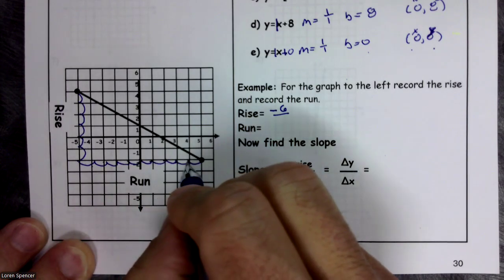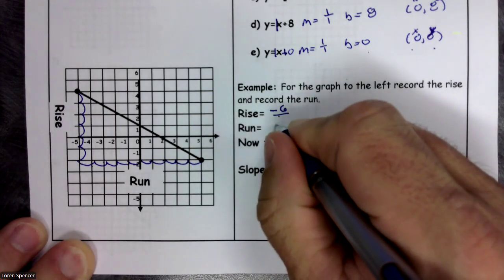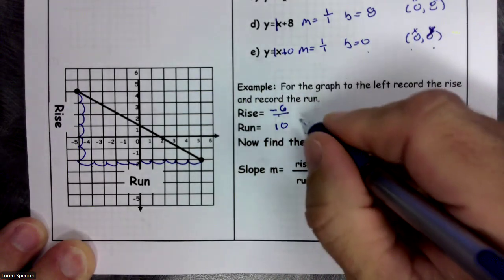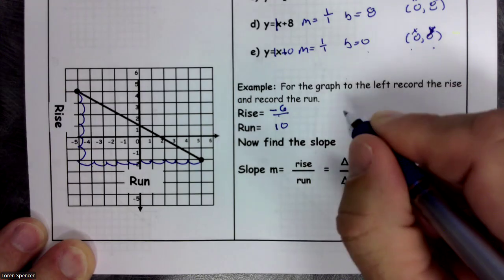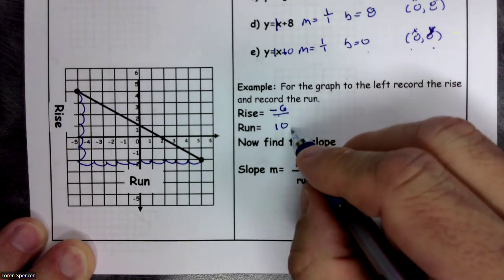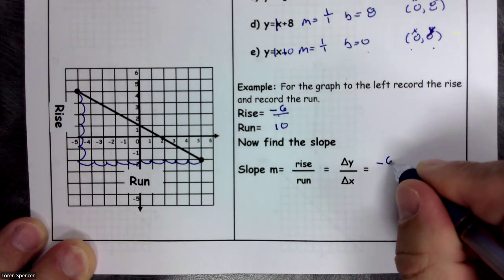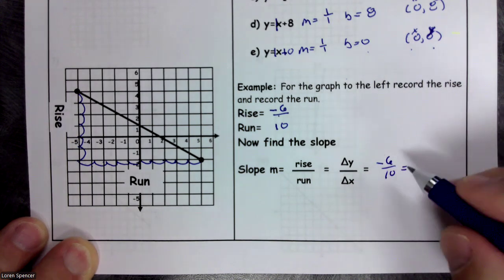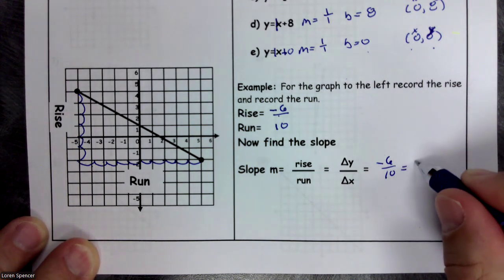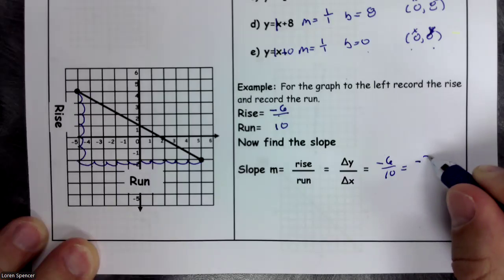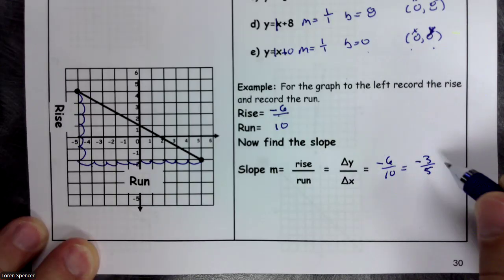Yes. So my run was 10. So my rise was -6, my run is 10, so -6 over 10. This reduces, and you can use the calculator to do so, or Desmos, and we get -3/5.